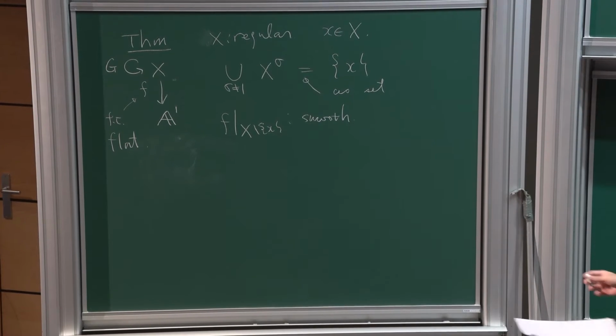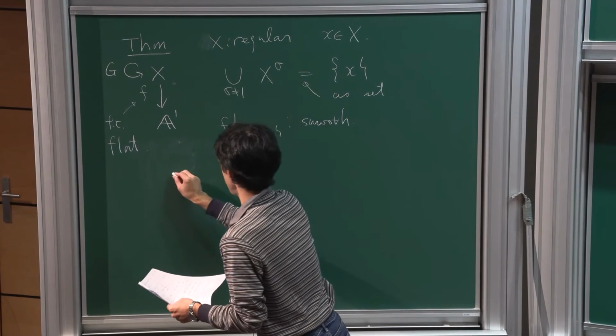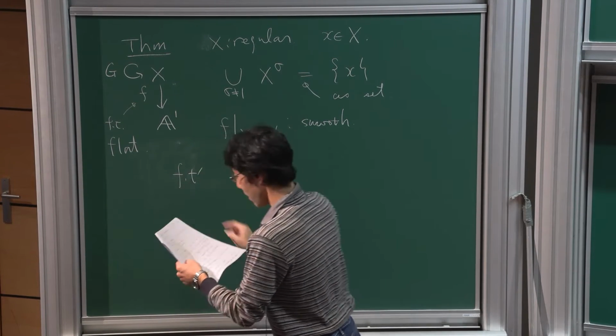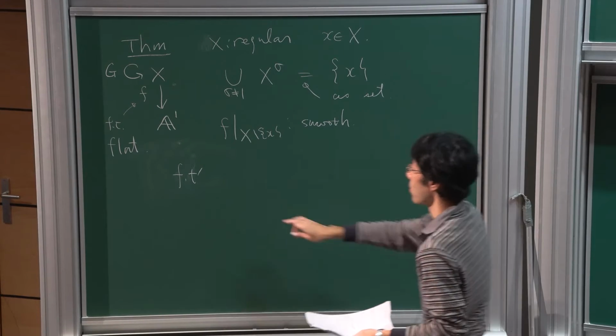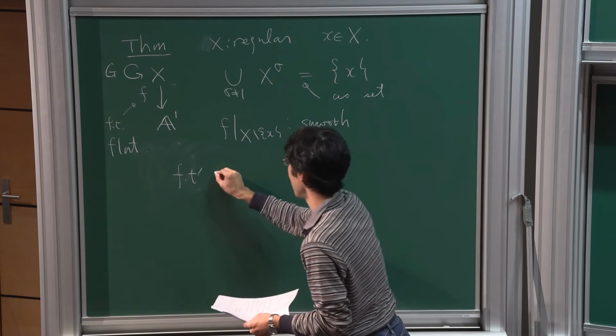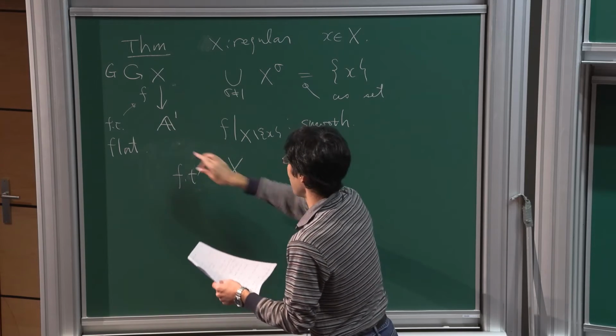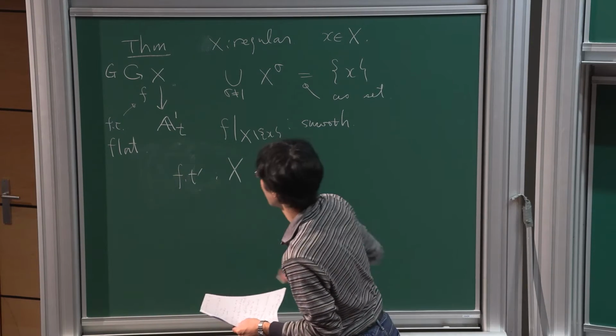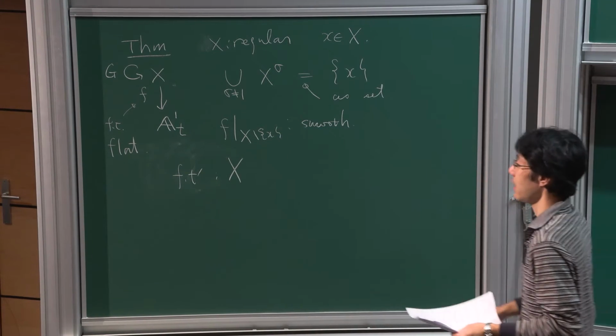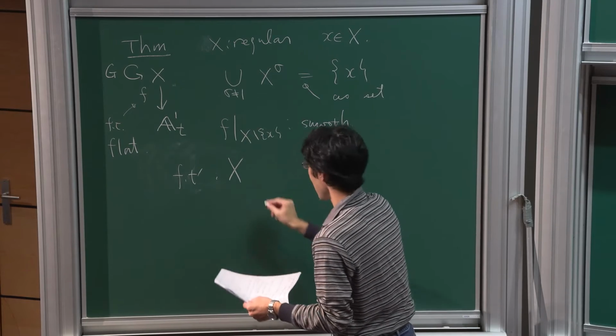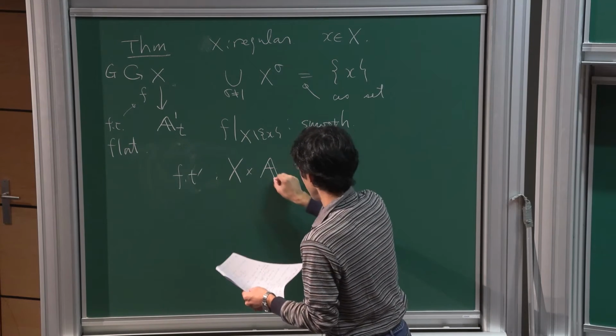And then I can consider f times T prime. I'm introducing some other parameter. This parameter has nothing to do with this. So I call this coordinate T, and I'm introducing another new coordinate, T prime.